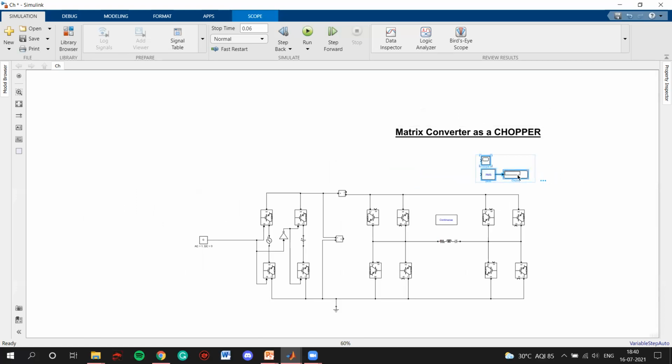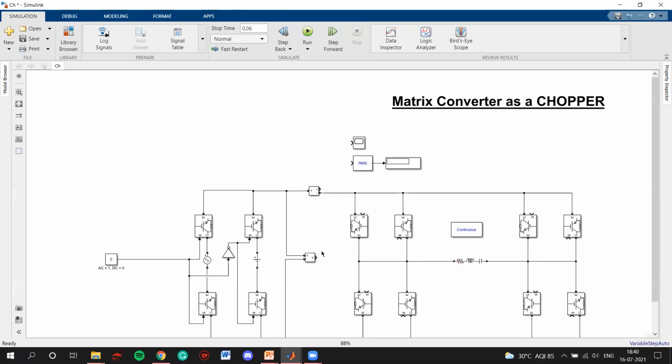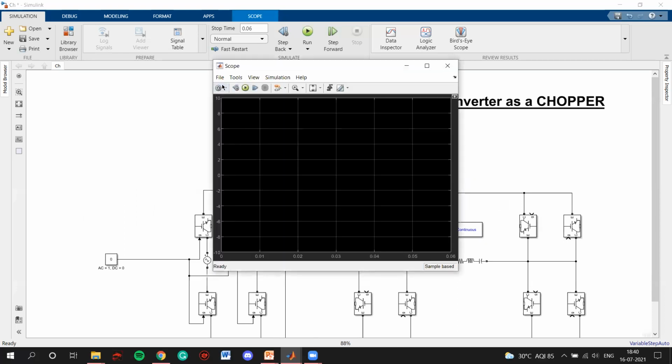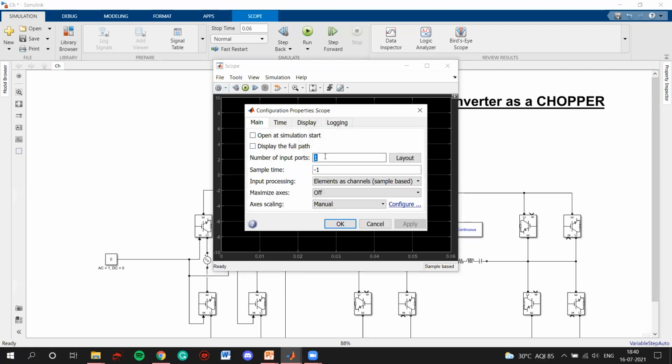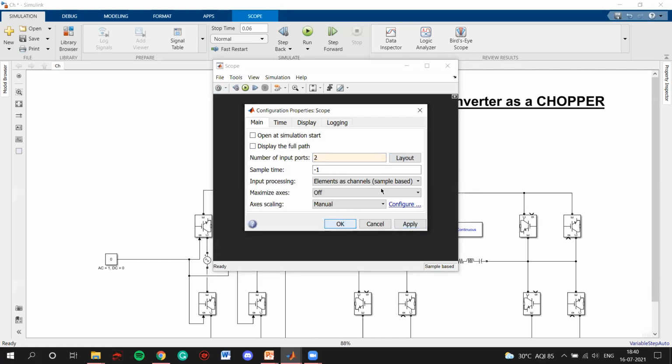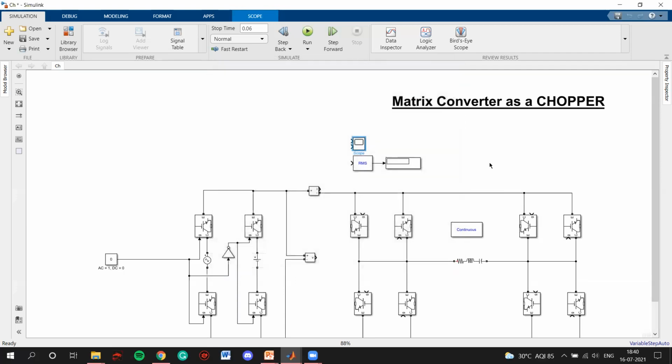Right, so let's connect them here. Here it would be 2. Layout we can change later as well. So the first one would be the voltage, second one would be the current.